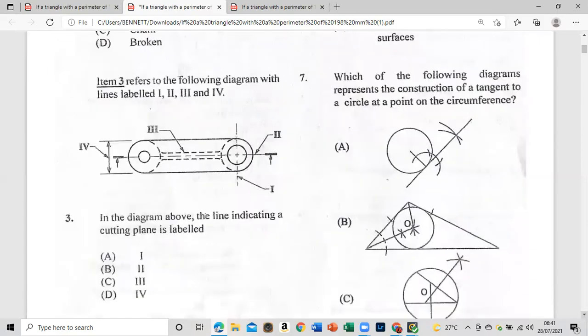Number 3 refers to the following diagram with lines labeled 1, 2, 3, and 4. The lines indicating a cutting line is labeled... So we are to identify the cutting line, and that would be 2 right here. So number 3 is B.